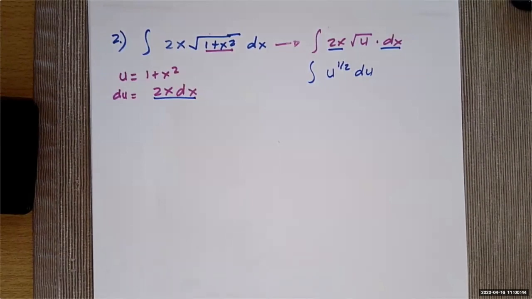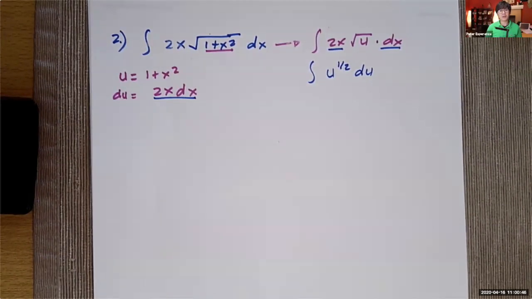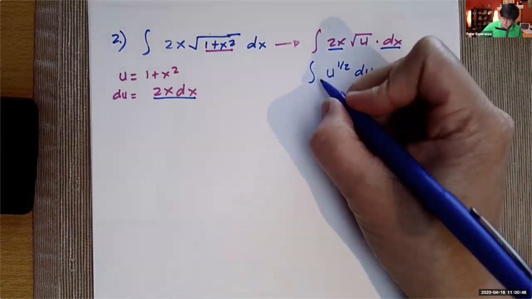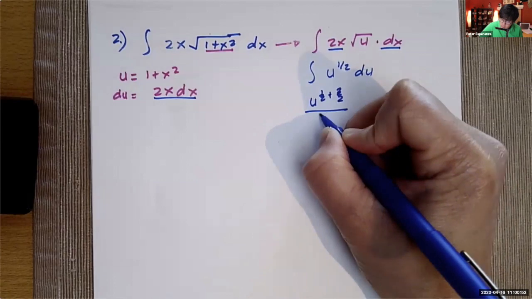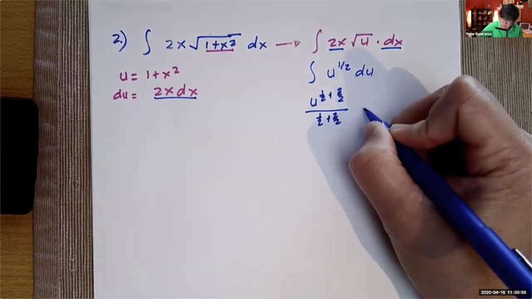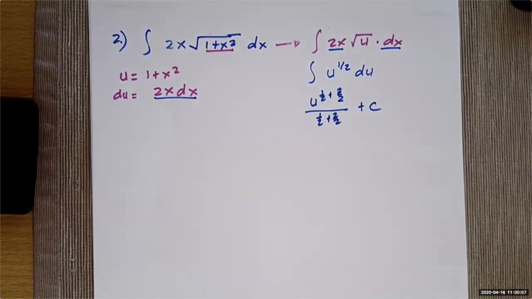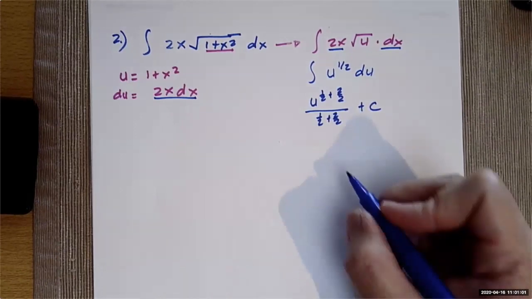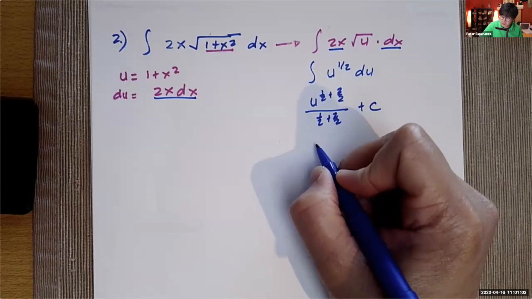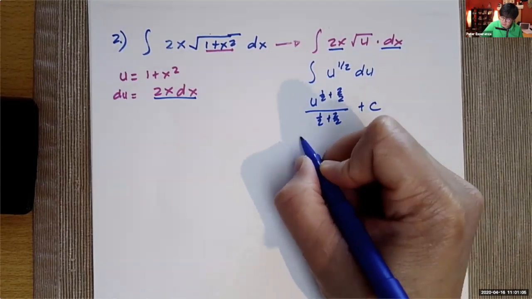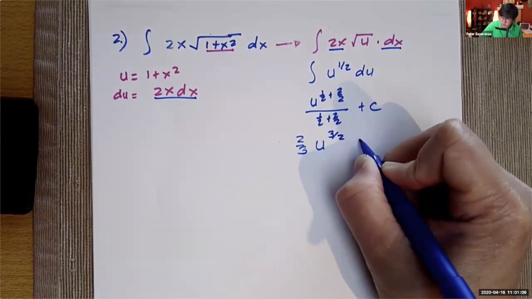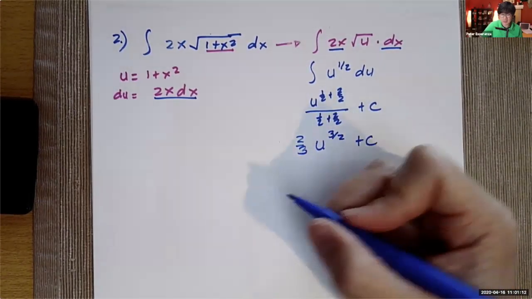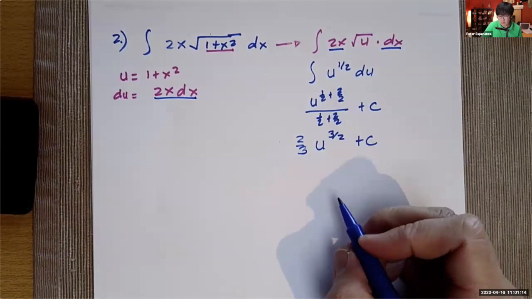Yes. So now we're going to use the basic rule of antiderivative, right? 1/2 plus 2 over 2 plus c. So what's 1/2 plus 2 over 2? 3 over 2. Yeah. 2/3 u to the 3 over 2 plus c. But we need to be consistent with our function.